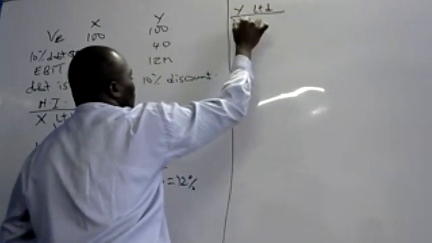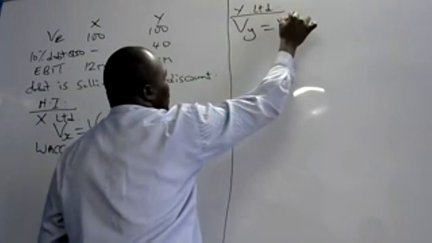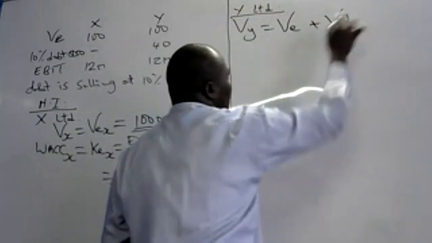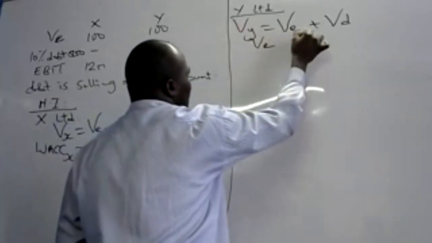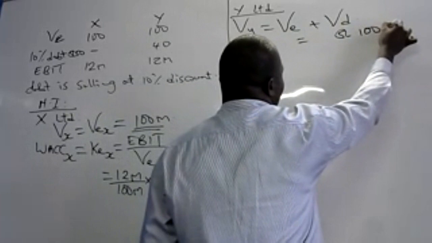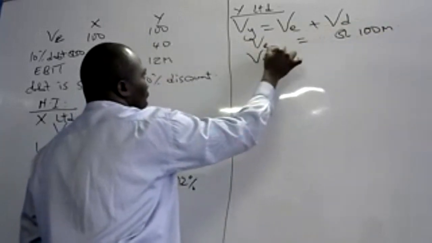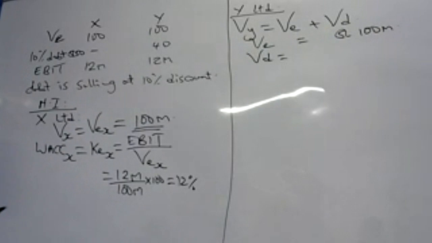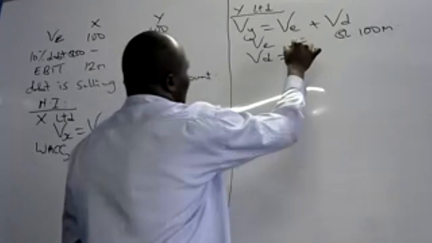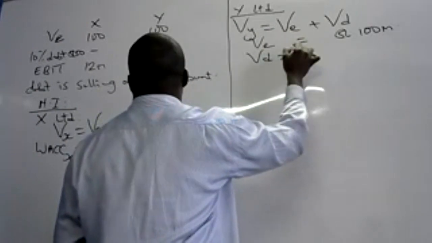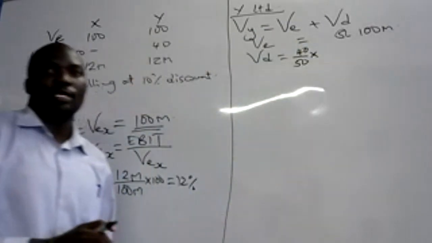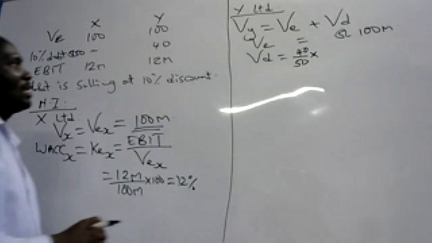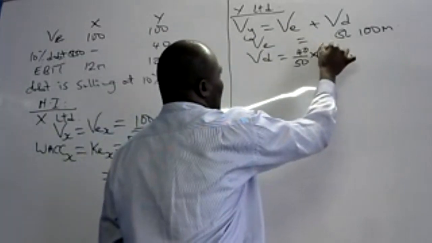Y limited, the value of Y equals the value of equity plus the value of debt, right? We have the value of equity of how much? 100 million. We have the value of debt of how much? 40 divided by what? Divided by 50 times what is the market price? Is it 90% of 50?